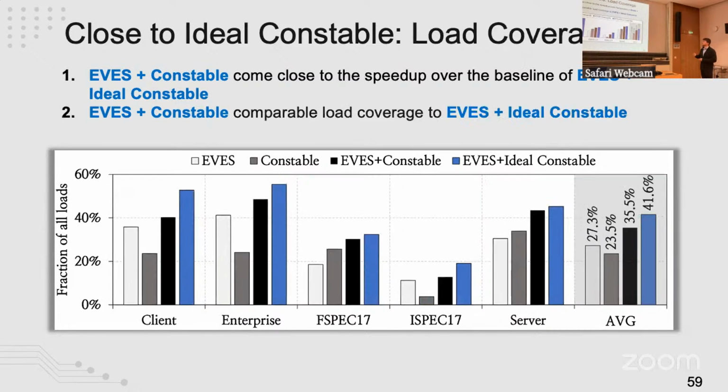Besides the overall speedup, EVES plus Constable is also comparable in load coverage to EVES plus ideal Constable, with the first approach having 35.5% of all the loads detected and eliminated, while in the ideal case we have 41.6%.